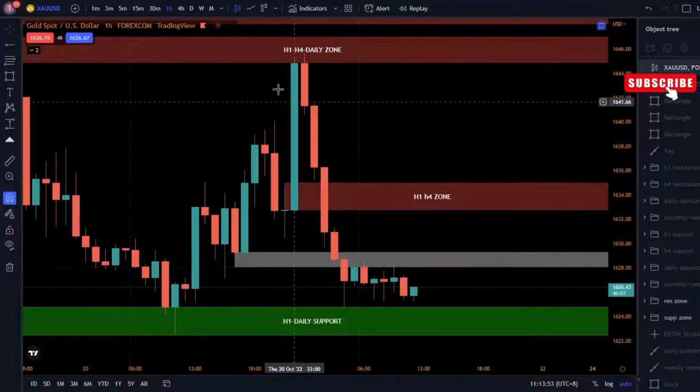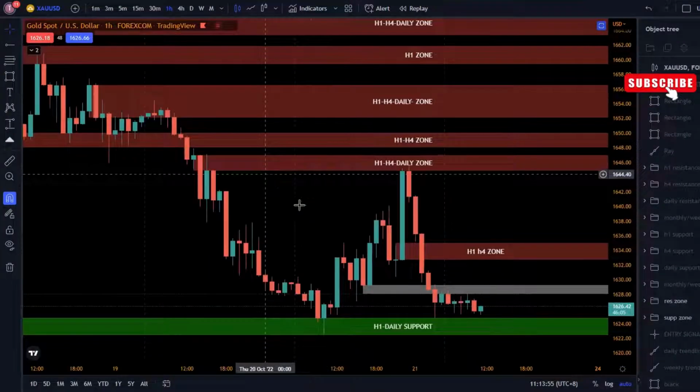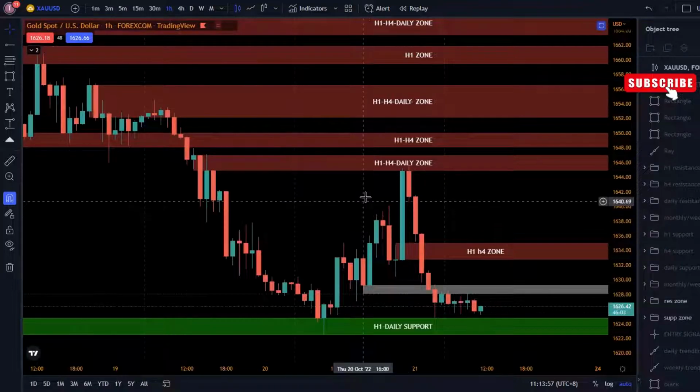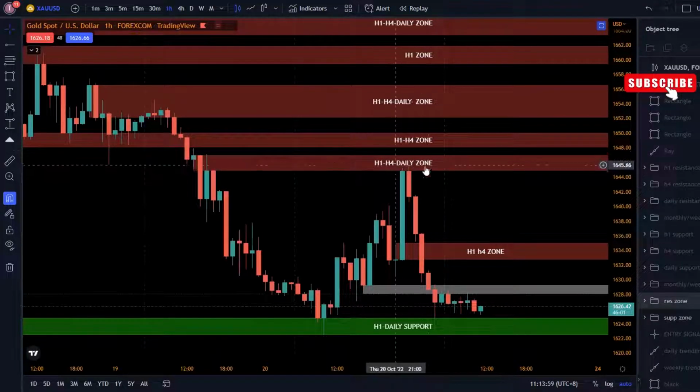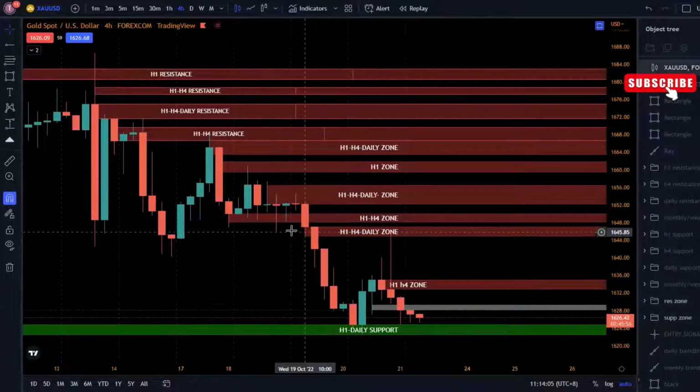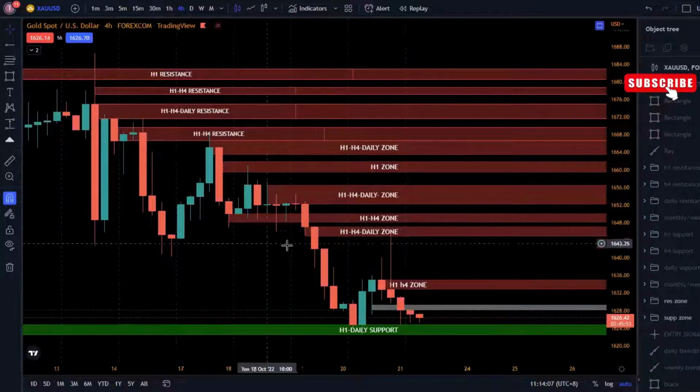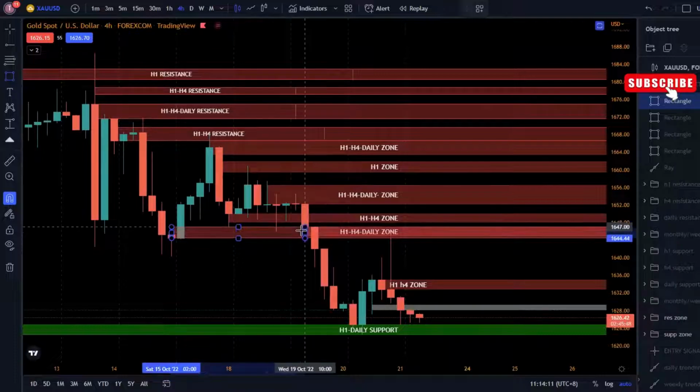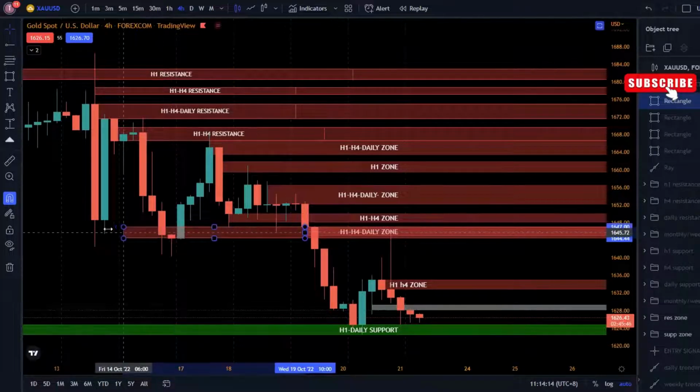So very nice if you sell here. Okay. So why does this reject the price? This is the reason. Because as you can see, this one is the previous support.